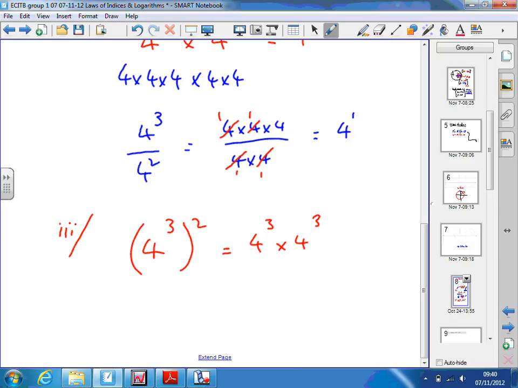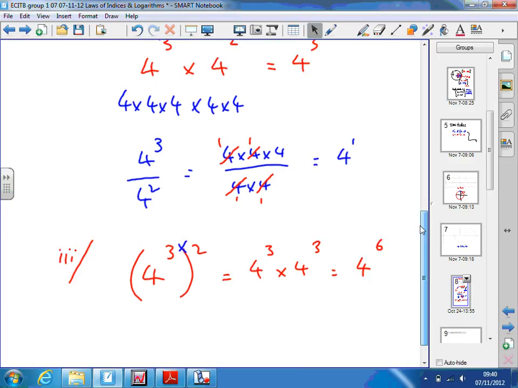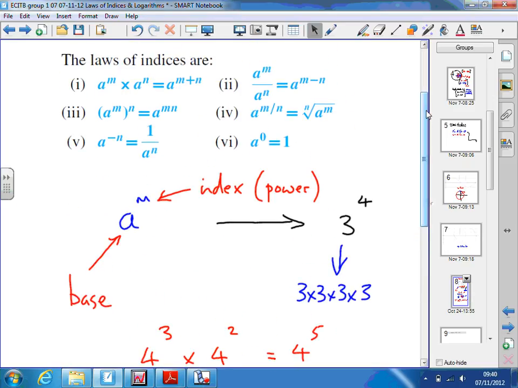And now using the first law of indices, base is the same, I add the powers. What actually happens is I just multiply the 3 by the 2 to get the 6. So we multiply the powers if I've got a base raised to a power, and then that's raised to another power. So the third law of indices is saying a to the m raised to the n is a to the m times n. That's what this third law is saying here.